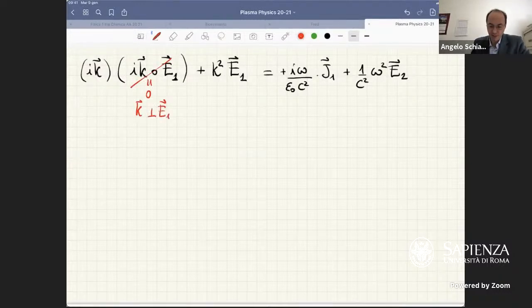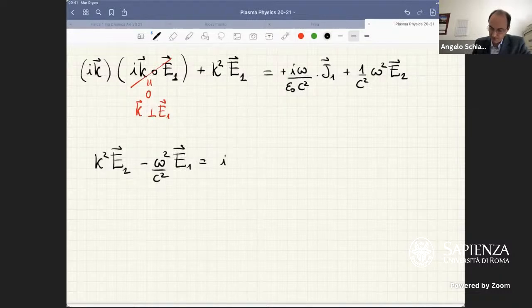So the first term is 0, and all that remains can be expressed as k squared E1 on the left-hand side. We can bring the other electric field to the other side: minus omega squared over c squared E1 equals i omega over epsilon naught c squared J1.